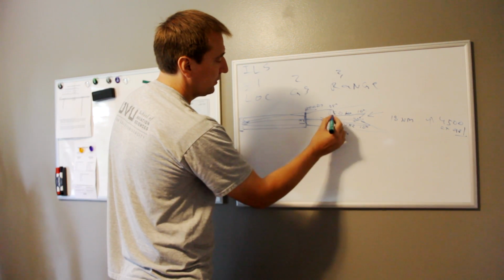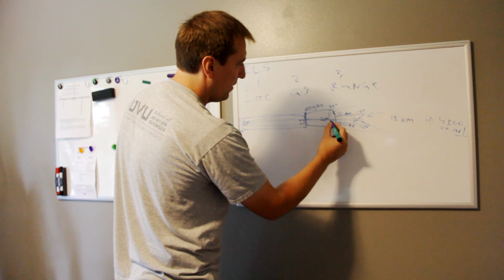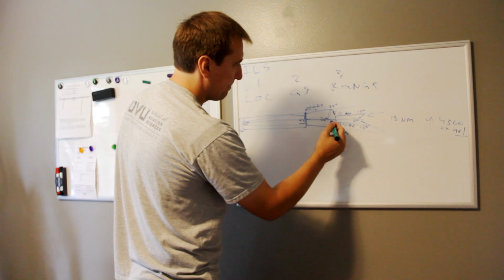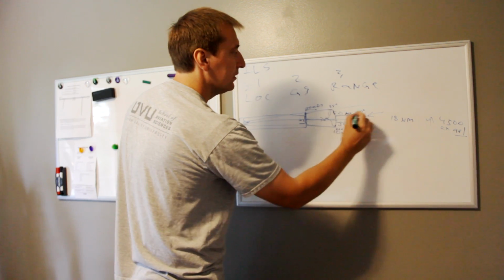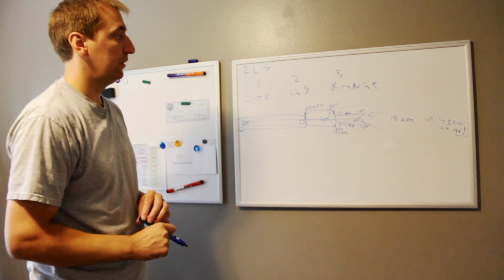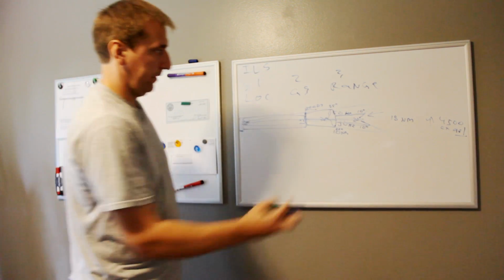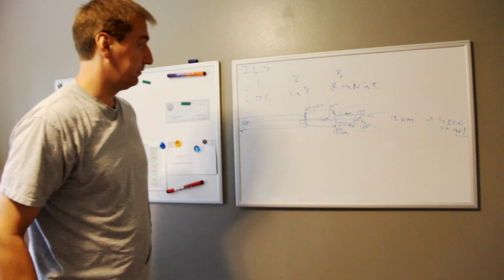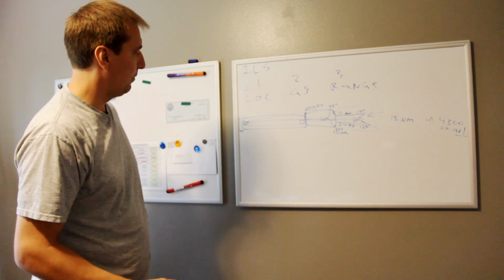So 35 degrees to the side, and then the rest, so it's 10 nautical miles, and then 8 more nautical miles, it goes 20 degrees total, 10 on each side. The height is 4,500 feet AGL. This is pretty much all you need to know about it.